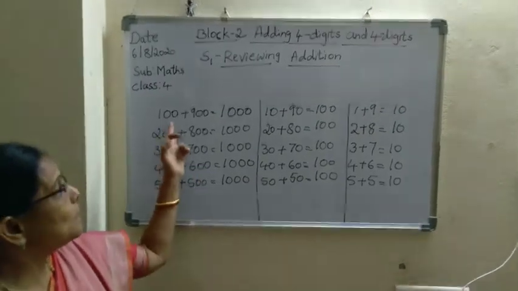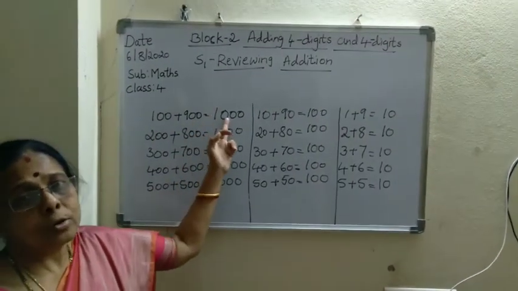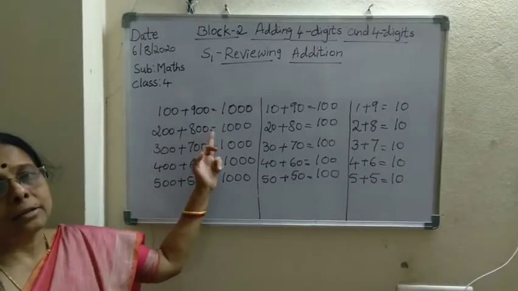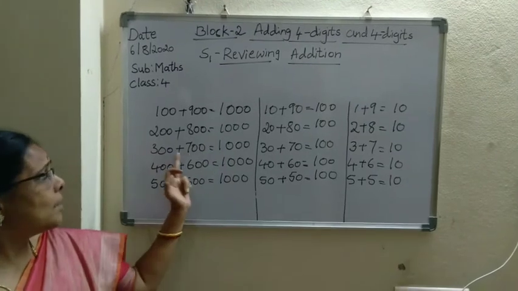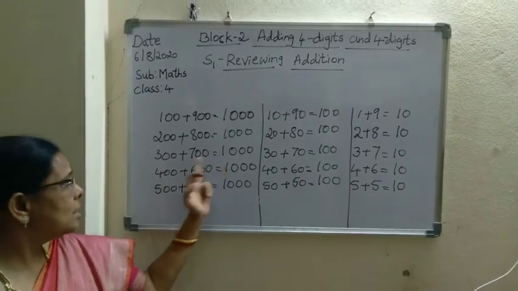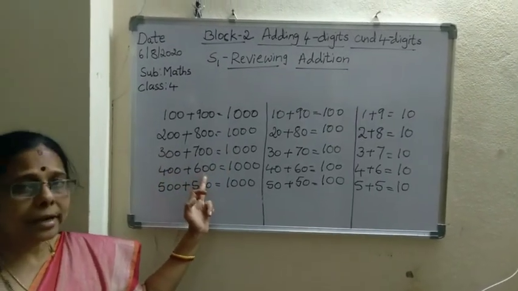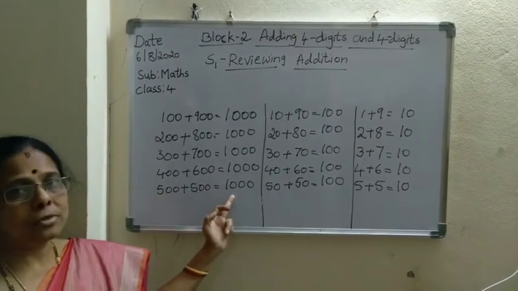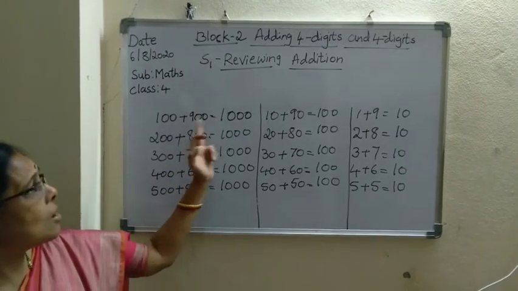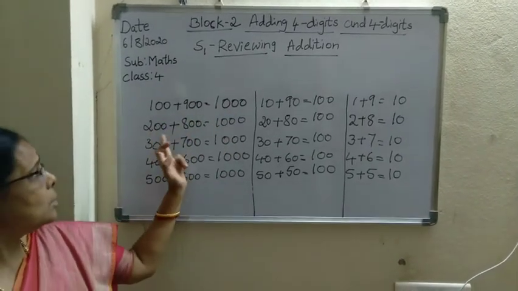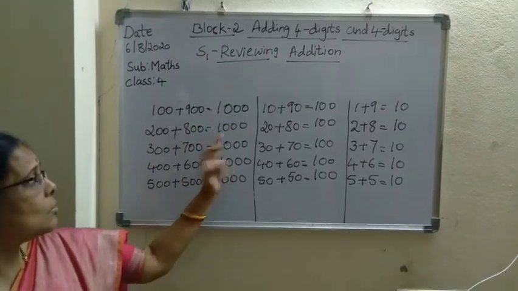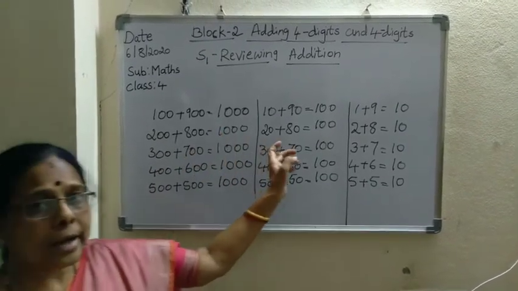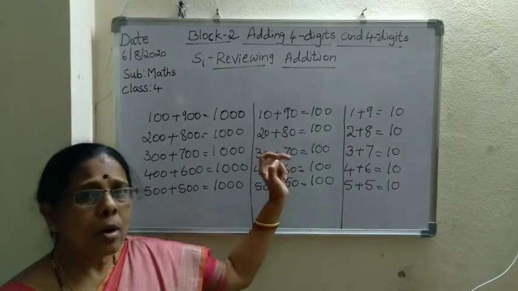First, 100 plus 900 equals 1000. 200 plus 800, 1000. 300 plus 700, 1000. 400 plus 600, 1000. 500 plus 500, 1000. These are the combinations of 1000.